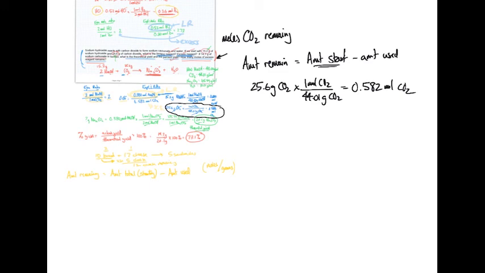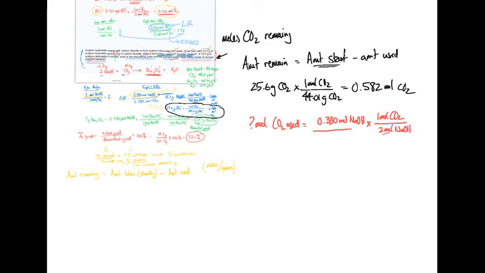Now I want to find out how much got used, and this is the key conceptual idea. A lot of students get lost on this one, so follow me here. So the number of moles of CO2 used are equal to, we start with the limiting reagent, just like my 10 slices of bread. I'm going to start with 0.380 moles NaOH. And now I'm going to use the mole ratio from the balanced equation, which is 1 mole CO2 for every 2 moles NaOH.